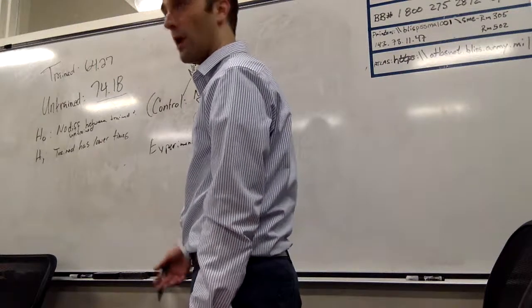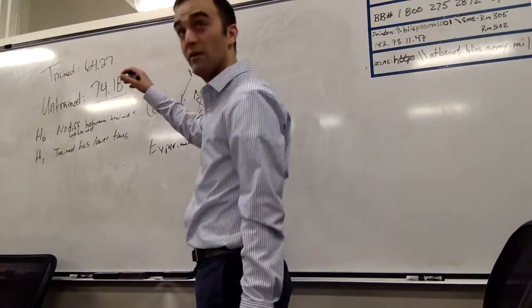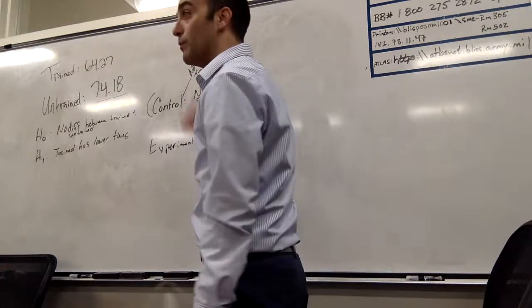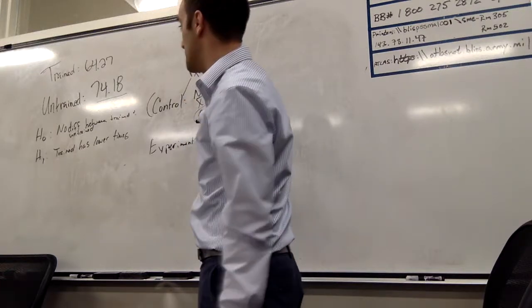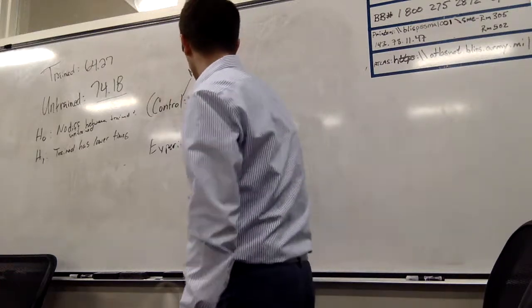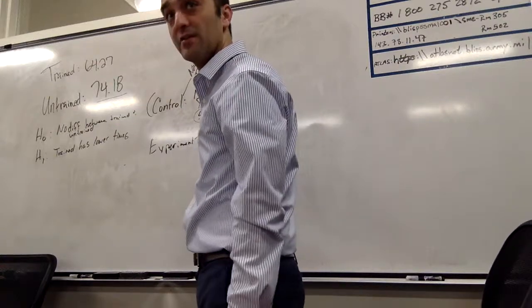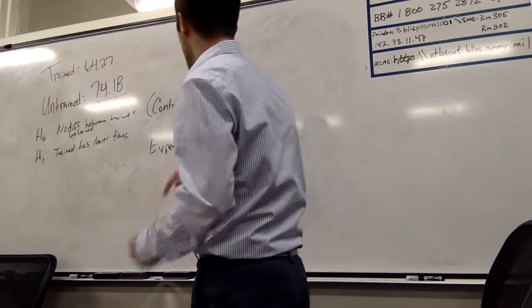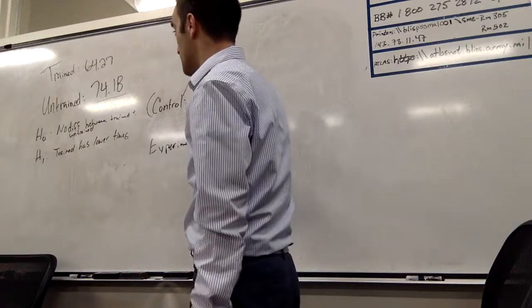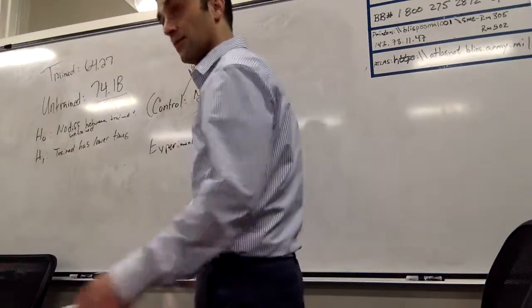Remember, in all the homework problems, we were just comparing to a number, an average. Well, now we're adding more information. We actually have a standard deviation for the untrained, and we have the standard deviation for the trained. So we essentially are testing the difference of means between two samples, a sample of untrained and a sample of trained.